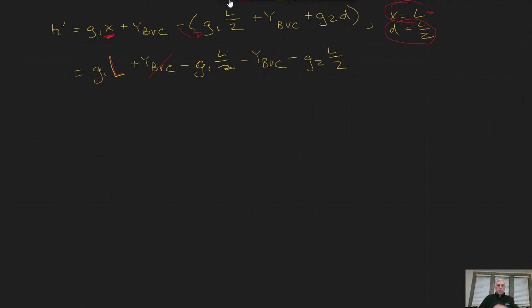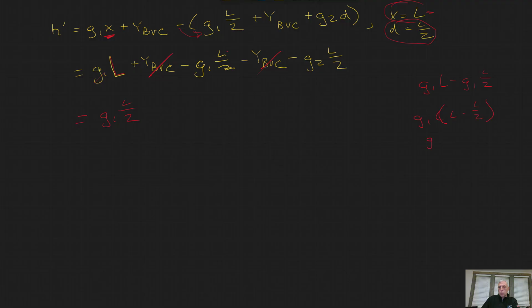So we can clean this up. Still, the y BVCs go away, right? And we have, what is g1L minus g1L over 2? No, that's g1L over 2. g1L minus g1 times half of L, well, that's just g1L over 2. If you don't believe me, g1L minus g1L over 2, take out the g1, and that's g1 times the quantity L minus L over 2.